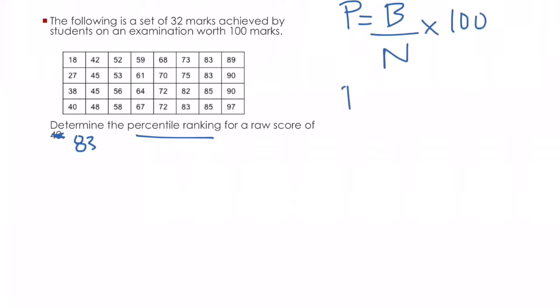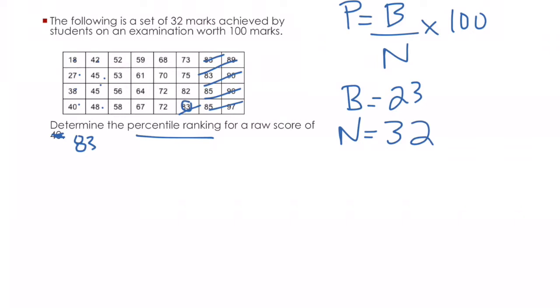Then I'm going to identify how many marks are below 83. So here's my 83s. These are all higher, so we're not going to count those ones. We're just going to count the number below. If you count up all of these values here, you end up with 23 are below, and n again is 32.